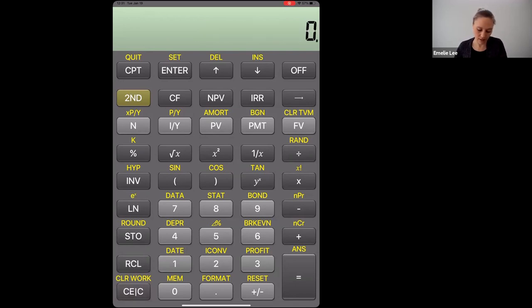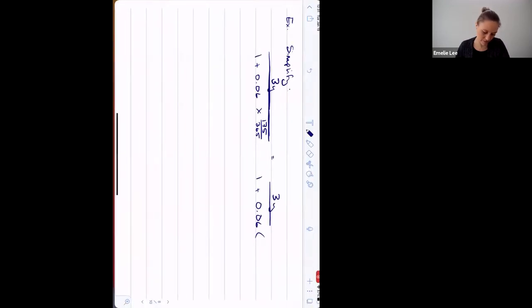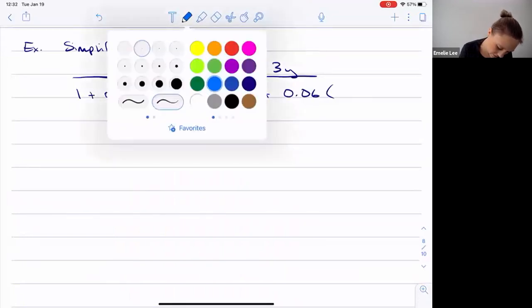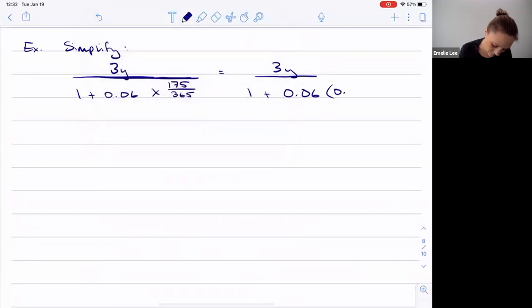So I'm going to make a note in my work. 0.47, and then I'll do dot, dot, dot to indicate that it keeps going, right?